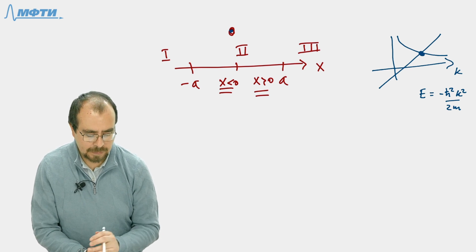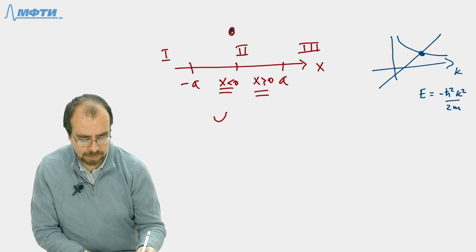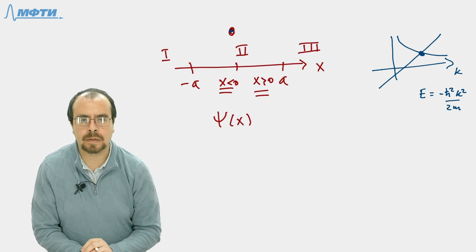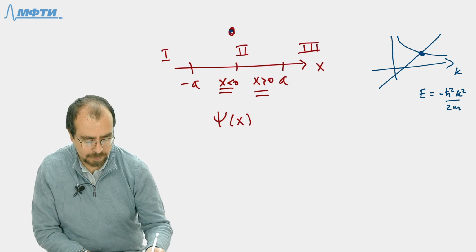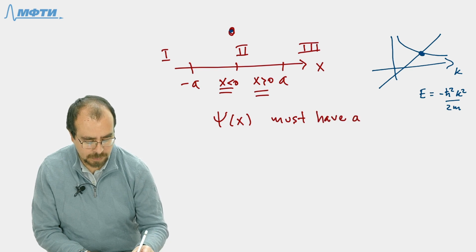So in that case, that means that our psi, the complete psi that describes our movement or our system, must have a fixed or a given symmetry because of this.